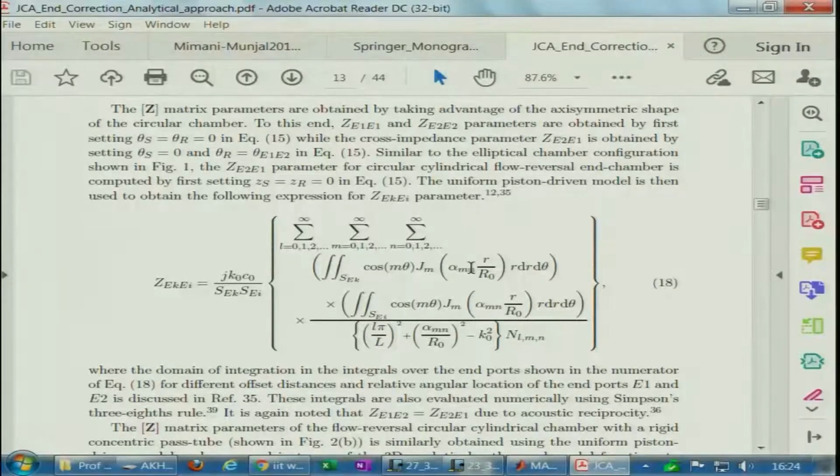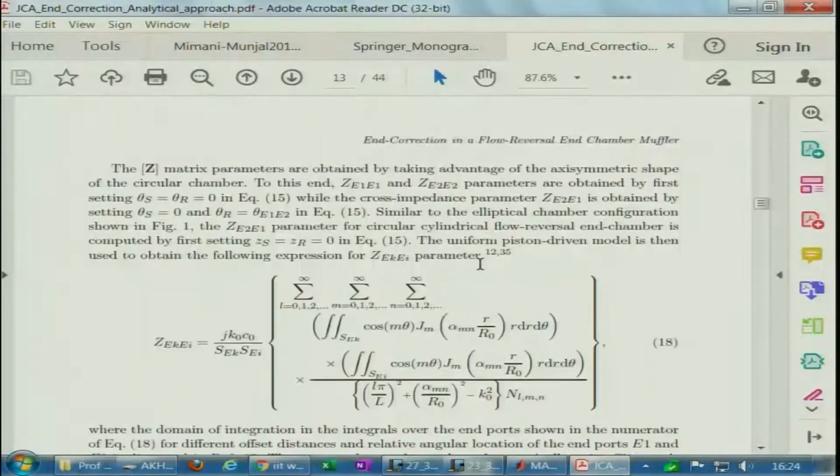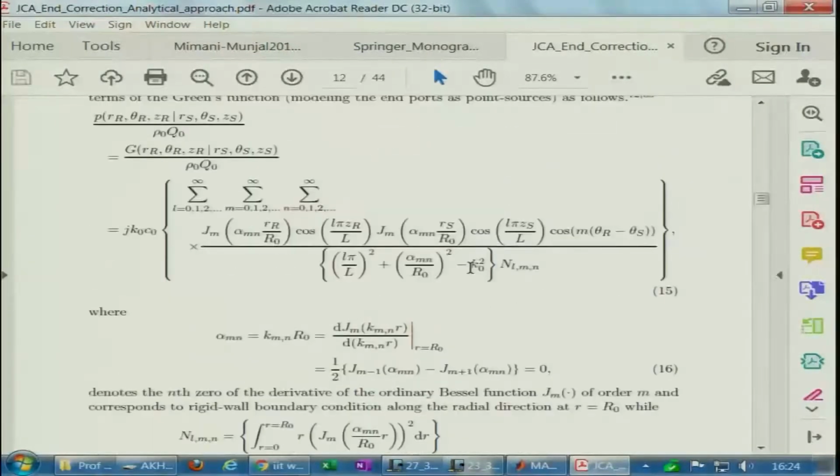If there are end ports located on the end surfaces, then this z term can simply be 1 or minus 1, depending upon whether the ports are on the same surface or on the opposite surface.